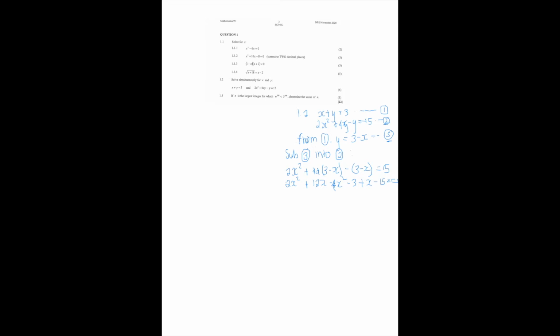So that would be a minus 2x squared plus 13x minus 18 equals 0.